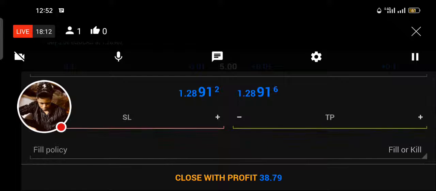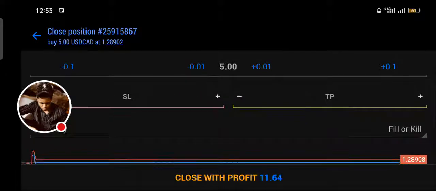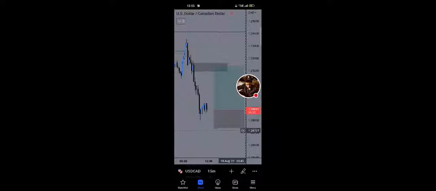So what was our stop loss then? Our stop loss was around 1.28740.